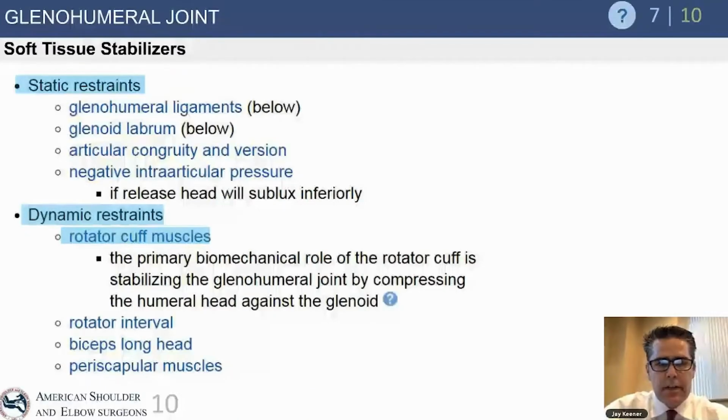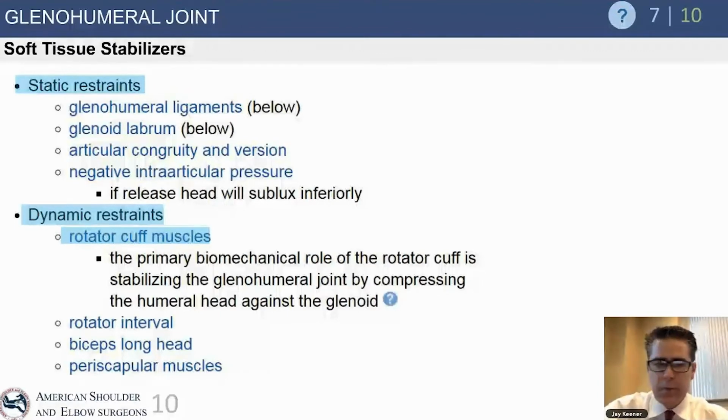So just to review, the glenohumeral soft tissue stabilizers are divided into static restraints and dynamic restraints. The static restraints are the glenohumeral ligaments, which we'll hear more about in the next webinar, the labrum, and the articular congruity, as well as the negative intra-articular pressure.